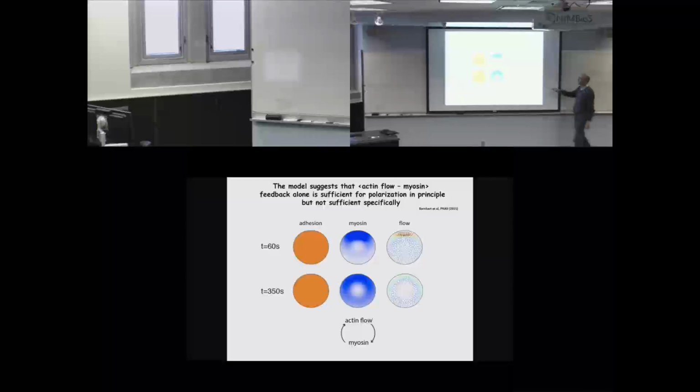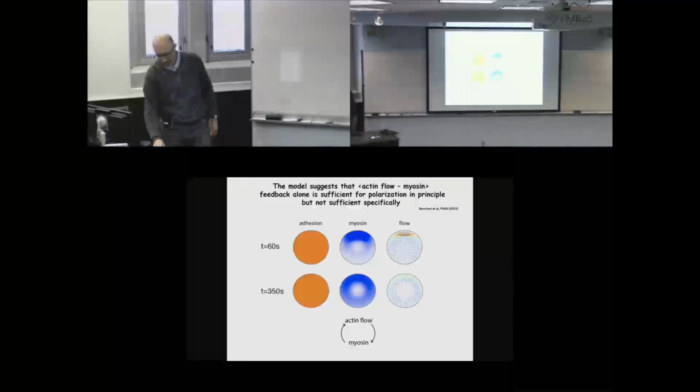However, clearly the predicted shape of the cell is very far from what is observed in the experiment, and also the predicted speed of movement of the cell is 2 orders of magnitude slower than what we observe in the experiment. I remind you that we actually know the parameters of the model. So this feedback is really not enough.